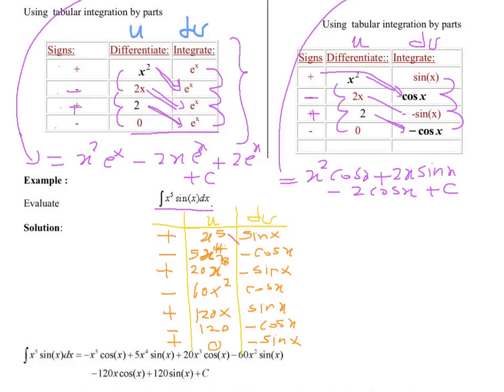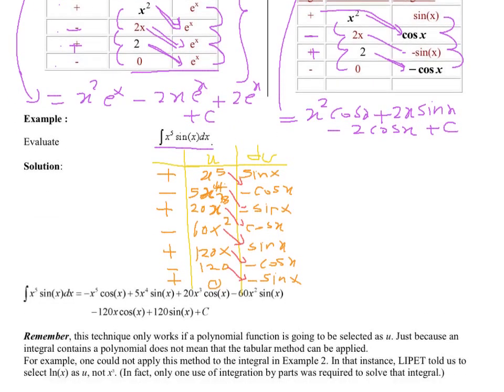Again, you have to cross product like this, and like that, and like this. So if you look at the answer here, the first one is minus x5 cosine x. Then the second one is minus 5 sine, there is minus here, so it is a plus 5x4.